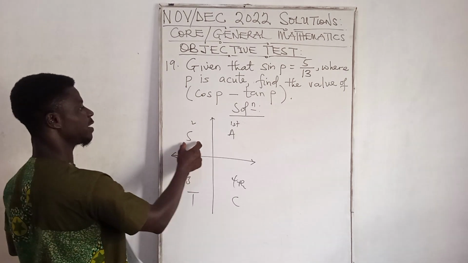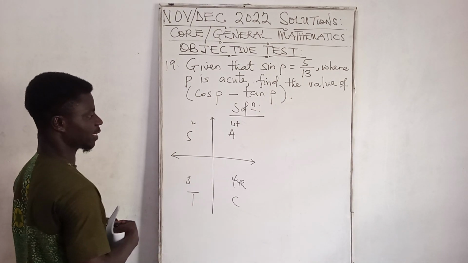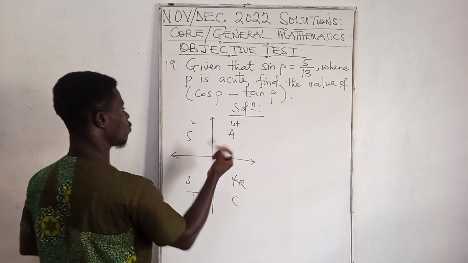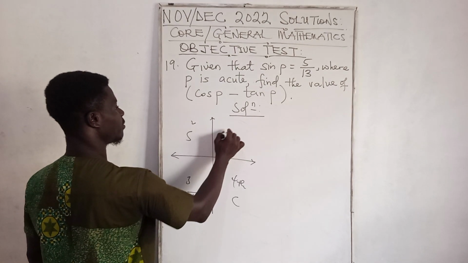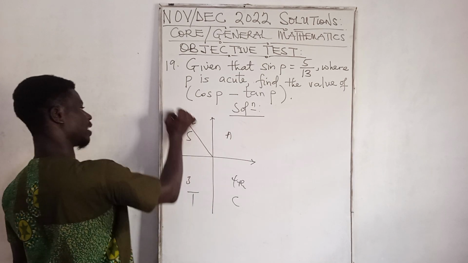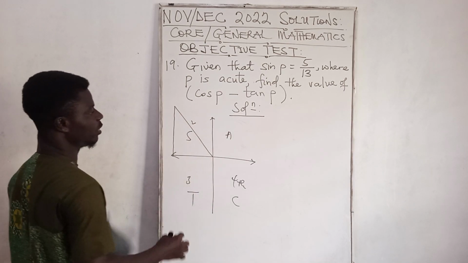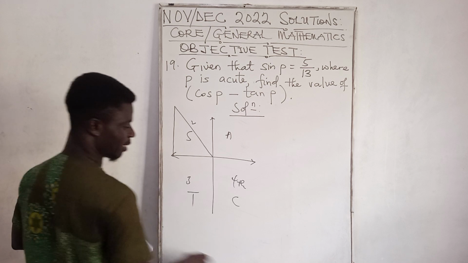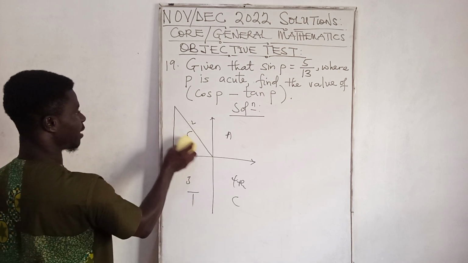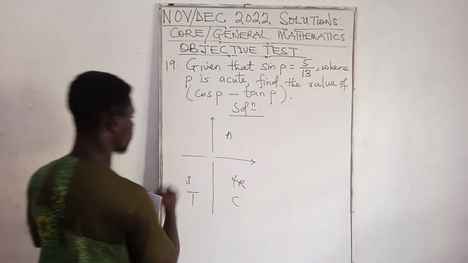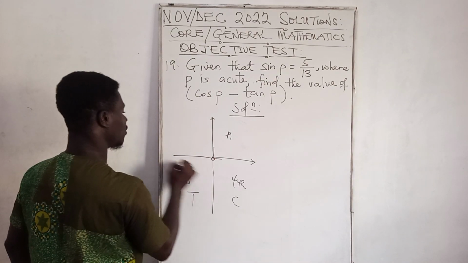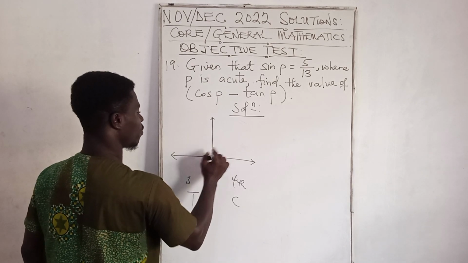So I can use either the first quadrant or the second quadrant. Let's go with all.